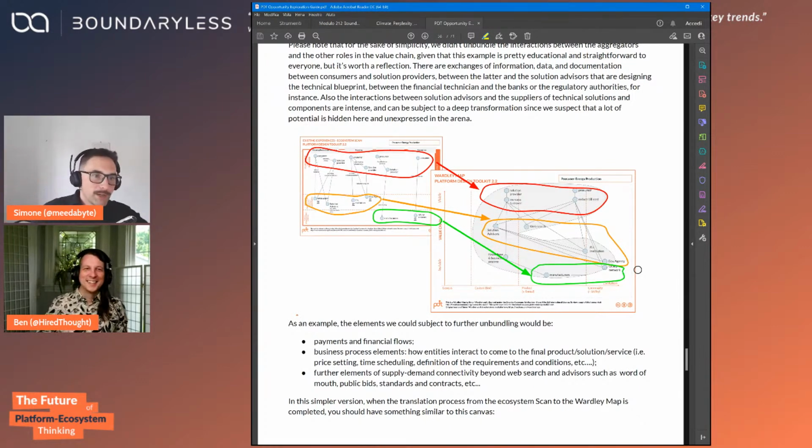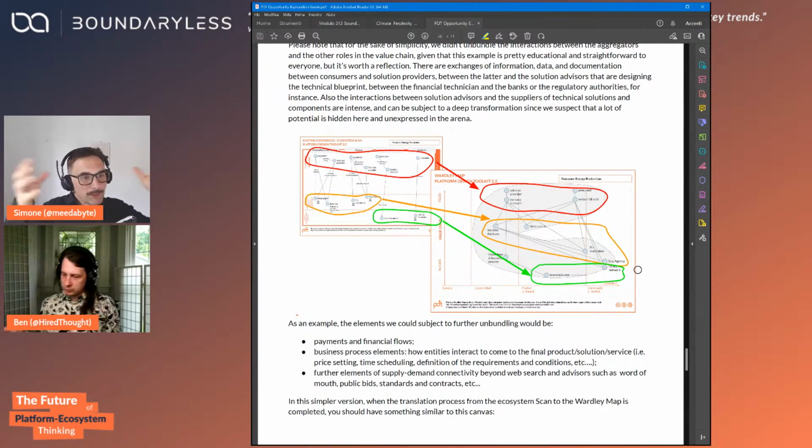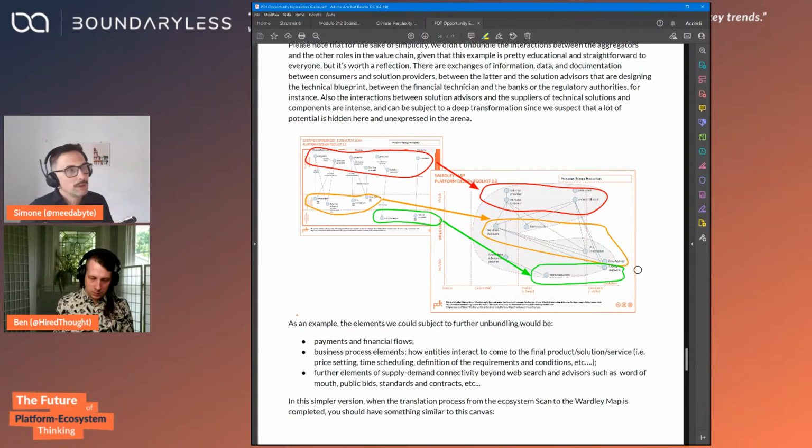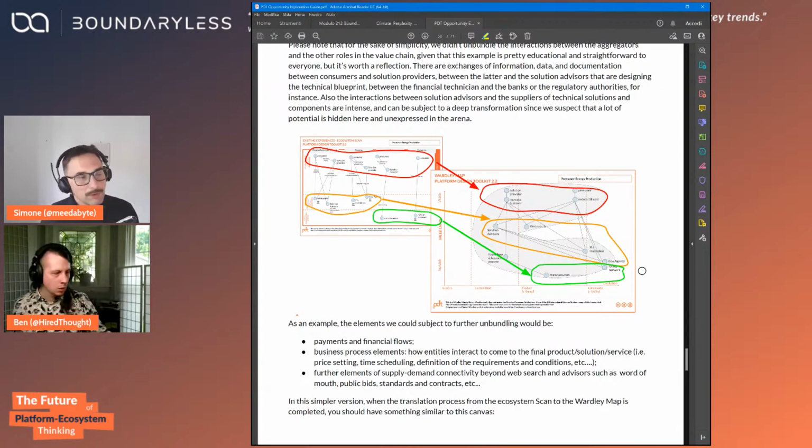You have the farmer, the seasonal worker, the seed provider, and they want to get this done. Or you start from the user and the user need, and then collapse all the information connected with those users into one Wardley map. So what is your point of view on this?